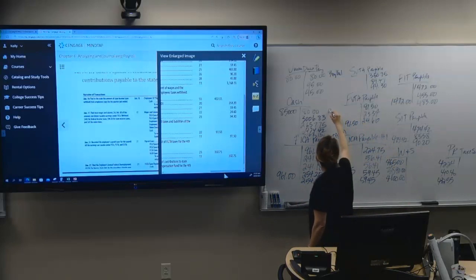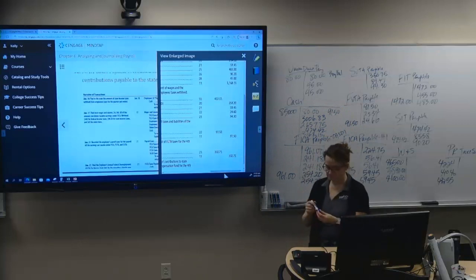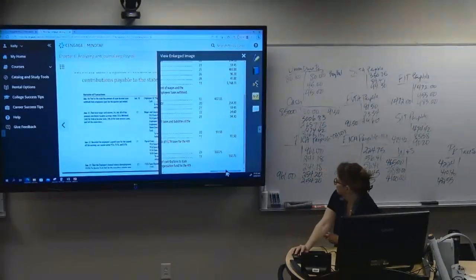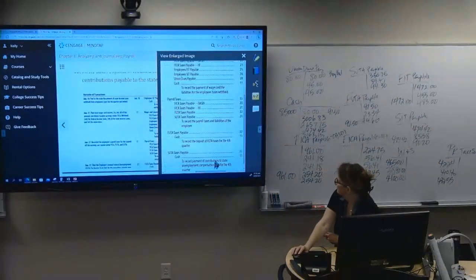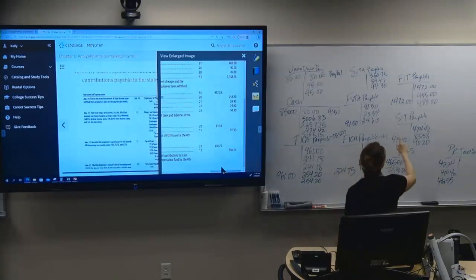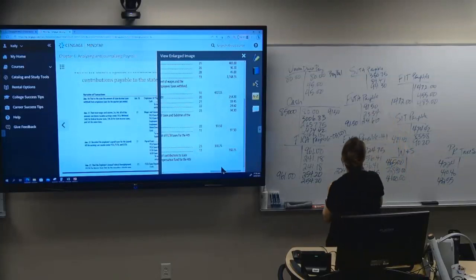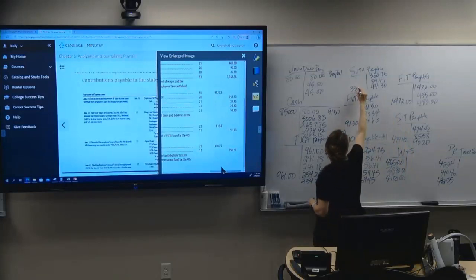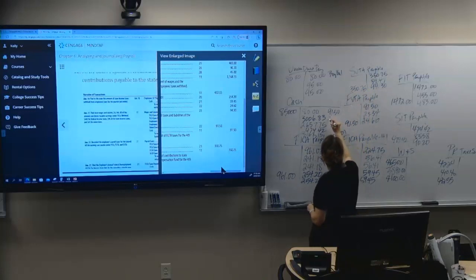I'm going to put it up here. We're also going to deposit our fourth quarter SUTA taxes. That's our beginning balance up here, $350.75 and $350.75.